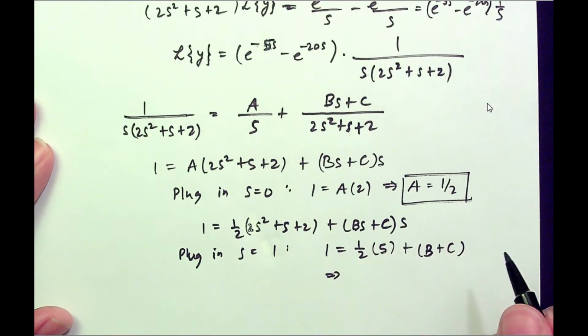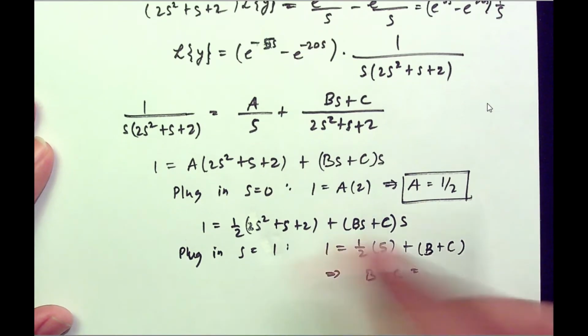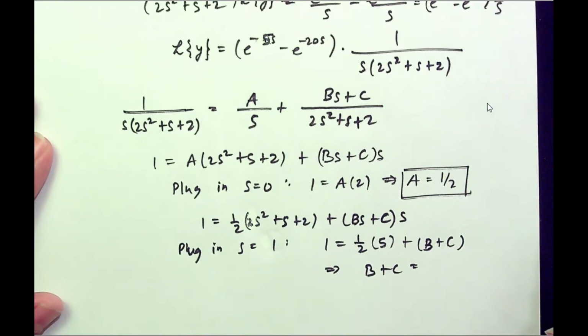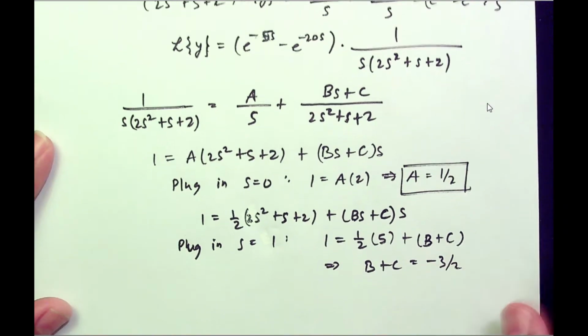So that gives you b plus c, moving this to the other side, is 1 minus 5 halves. 1 minus 5 halves is 3 halves.